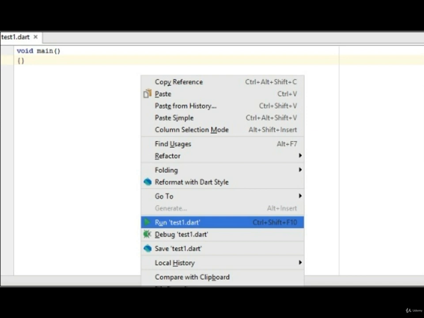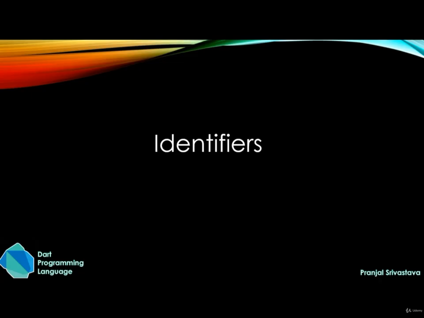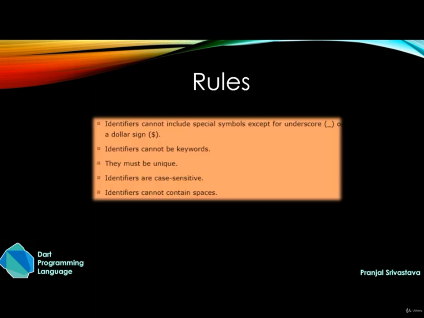And then come identifiers in Dart. Identifiers are the names given to elements in a program like variables, functions, etc. The rules for identifiers are: identifiers can contain both characters as well as digits. However, an identifier cannot begin with a digit.